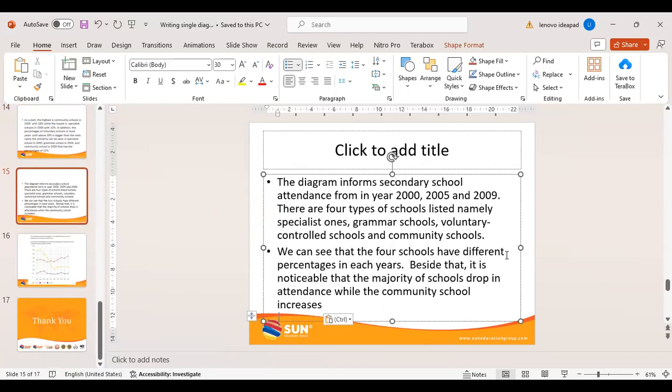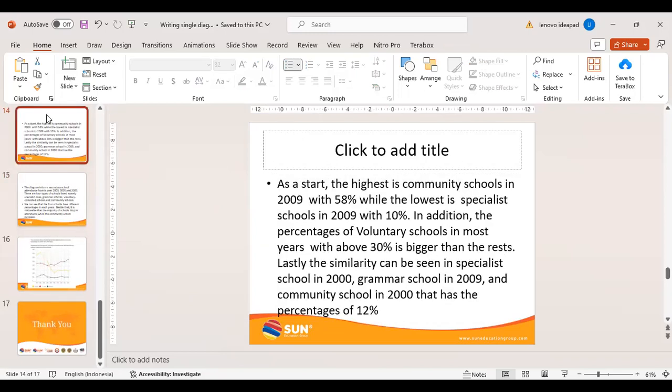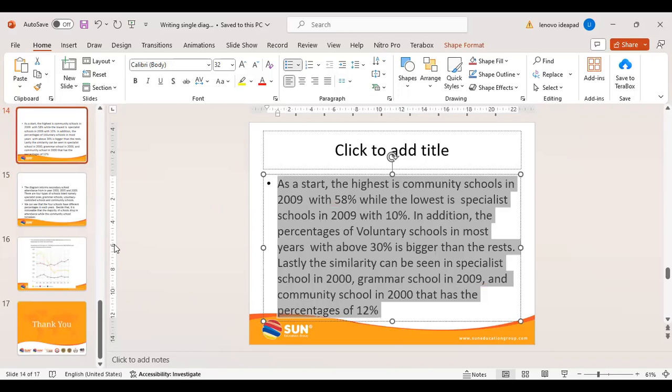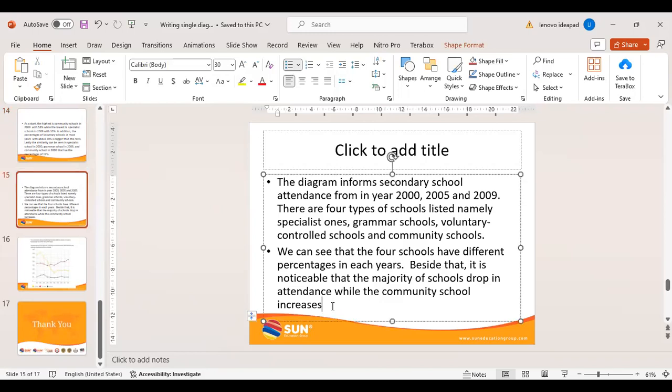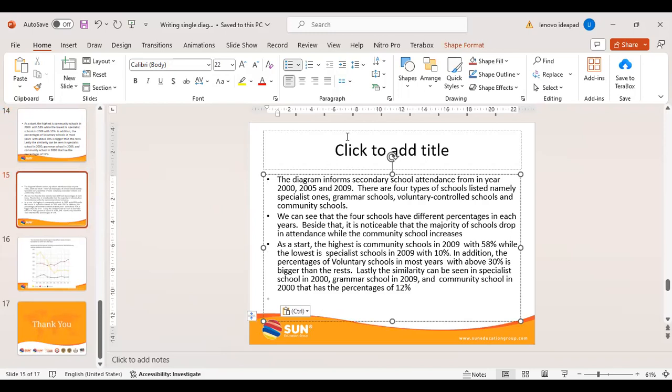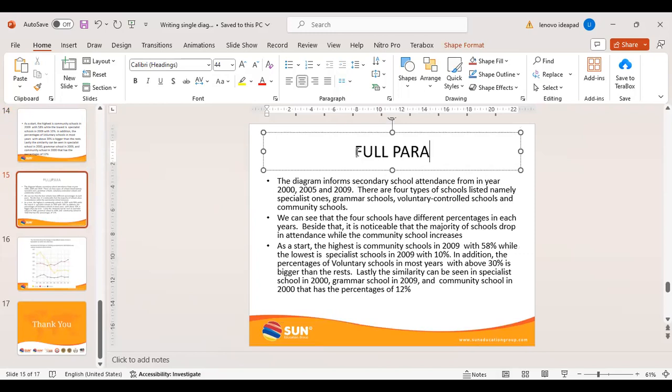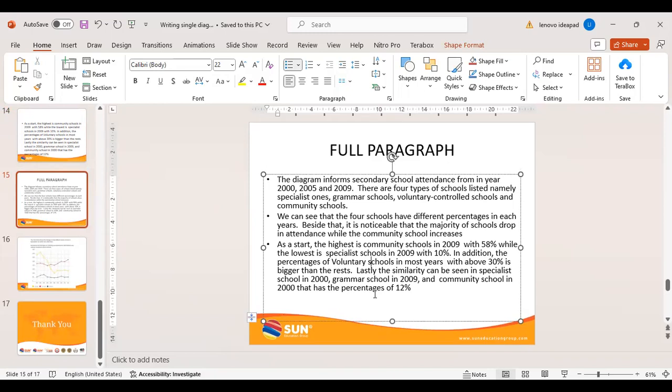And paragraph 3. Full paragraph. I need to recheck some items that I'm incorrect.